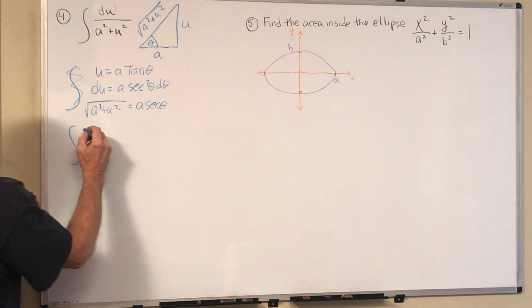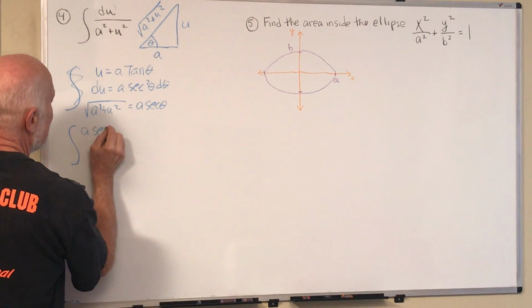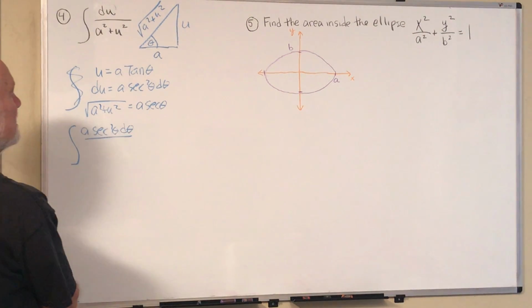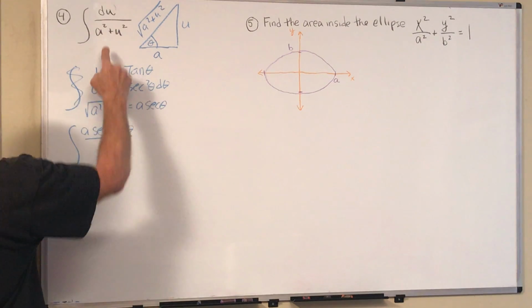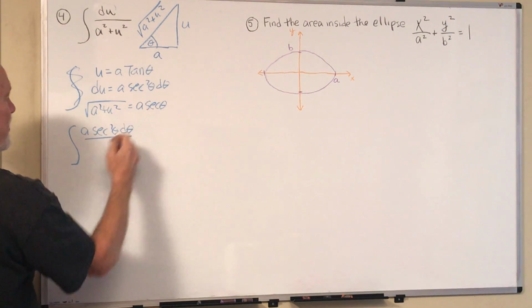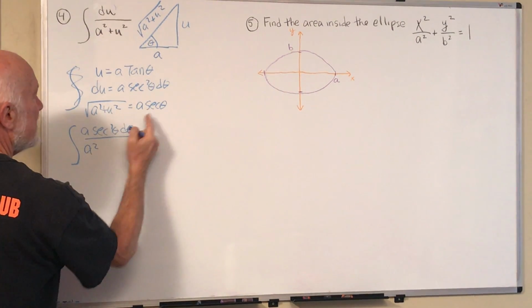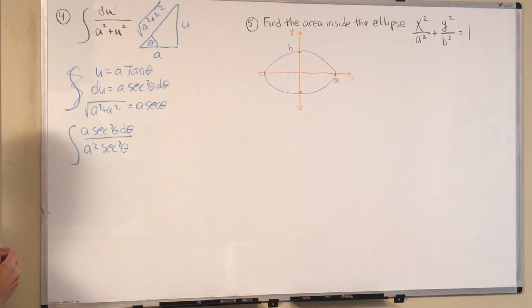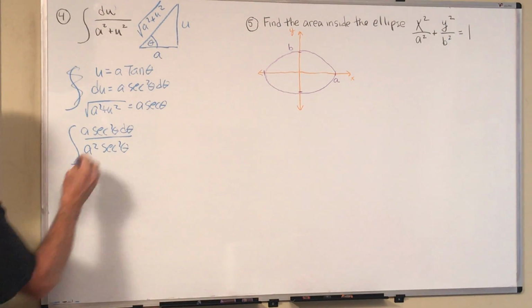Now we go through and rewrite it. Du is a secant squared of theta d theta, and this is going to be this squared. So you get a squared secant squared of theta. And lo and behold, just about everything cancels.